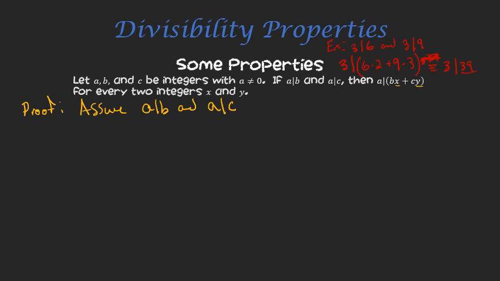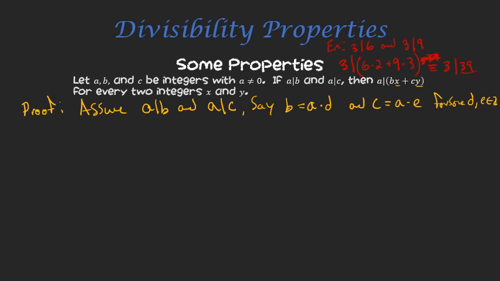So why don't I use, I don't know, d and e. So I'll say b equals a times d and c equals a times e for some d and e in the integers.